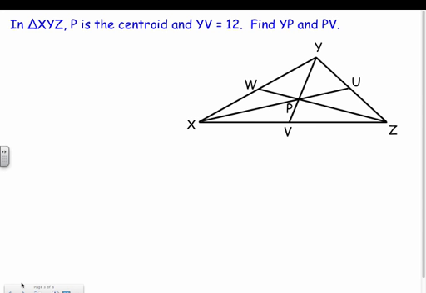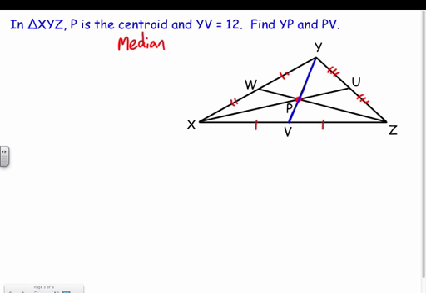So let's use that. It says P is the centroid, so it's made up of medians from vertex to opposite midpoint. Some things I know: that splits into congruent sides, because midpoints. YV, this entire segment, is 12.